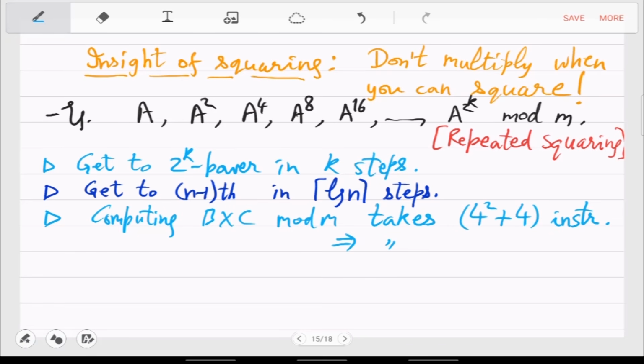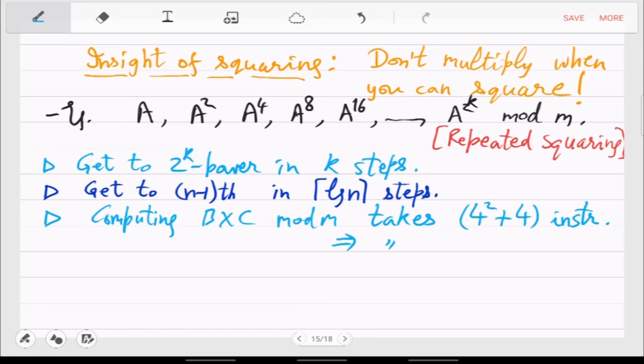Assuming that addition and multiplication of numbers is free, when you have two 2 cross 2 matrices, there are 4 entries each. Every entry you have to multiply with every entry. So that's 4 square, and then you have to do some additions also. After you have multiplied, you add.